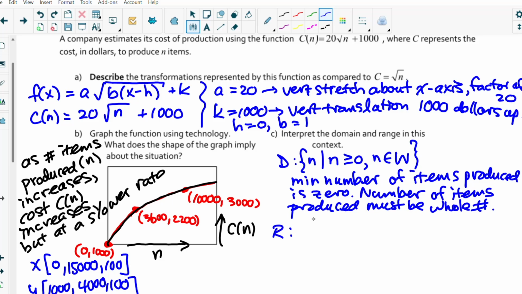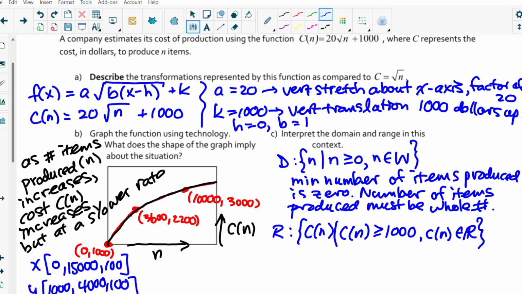Range. Cost as a function of number of items produced must be greater than or equal to 1,000, where cost is an element of real numbers. Yep, real numbers, because if I have the square root of n, that gives you all kinds of irrational numbers.